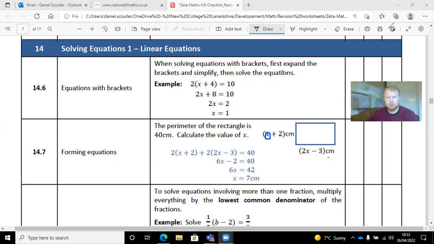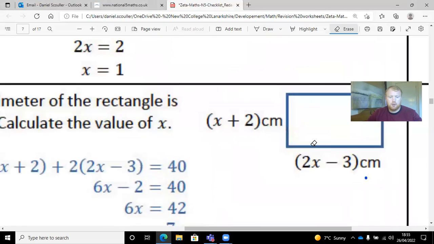Have a look at that question first, and what they've done there.